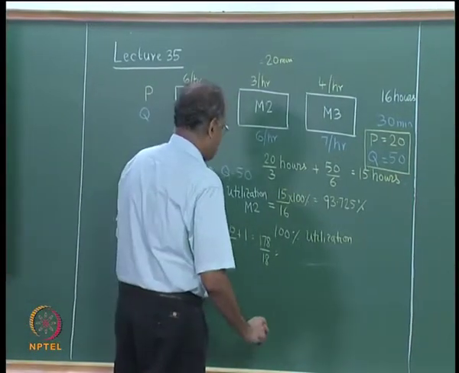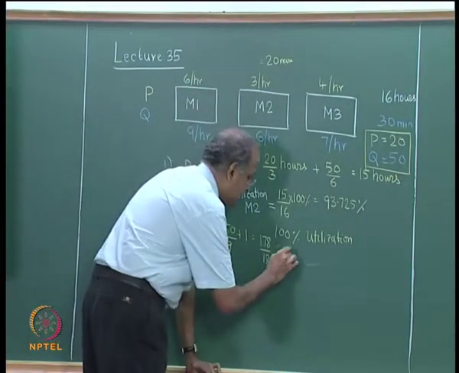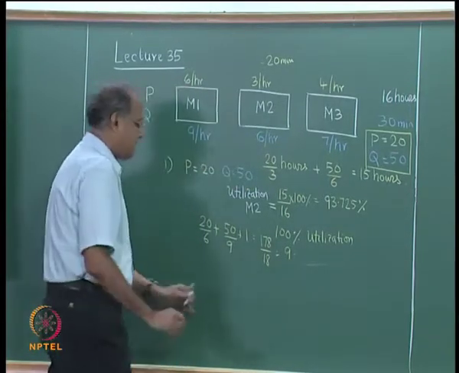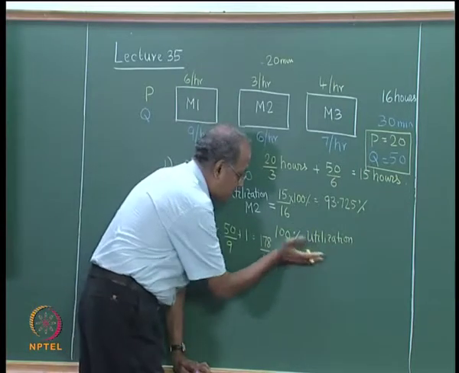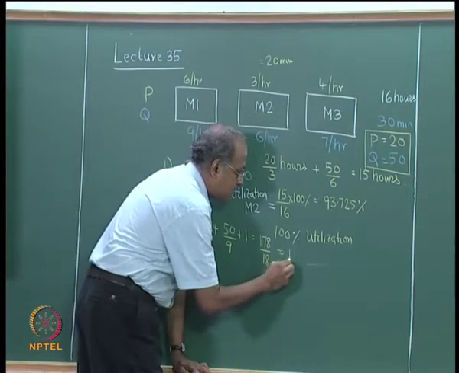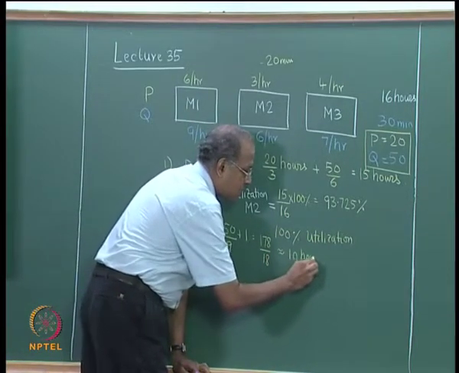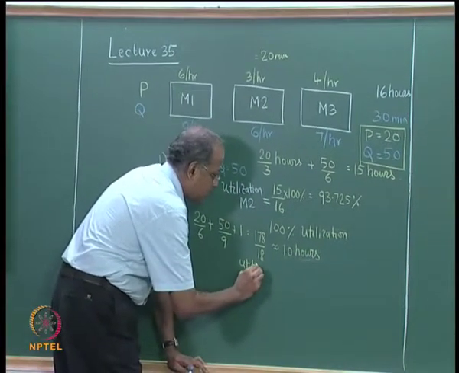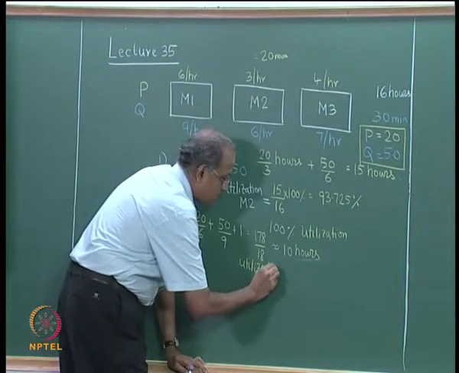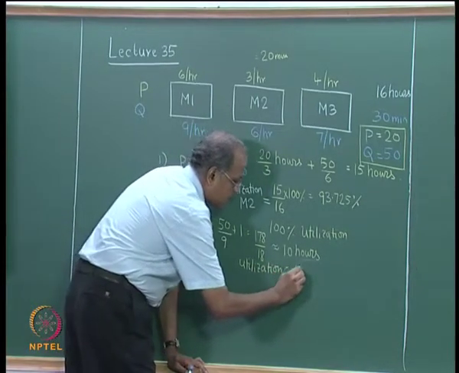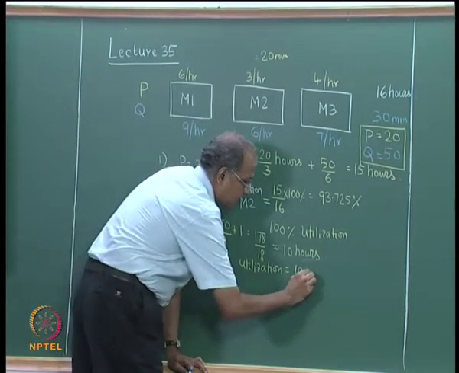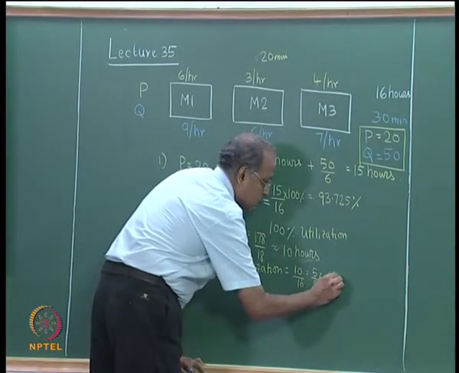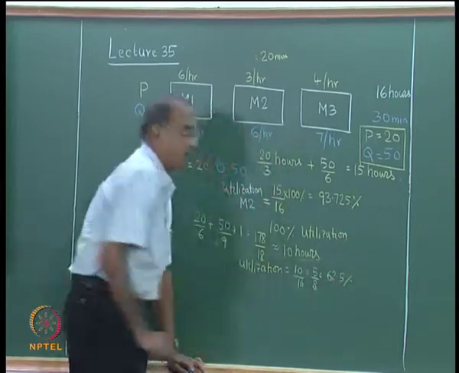So, this would give us something like 9 point something, roughly 10 hours. We could say this is approximately 10 hours, and utilization is approximately 10/16, which is 5/8, which is 62.5%.